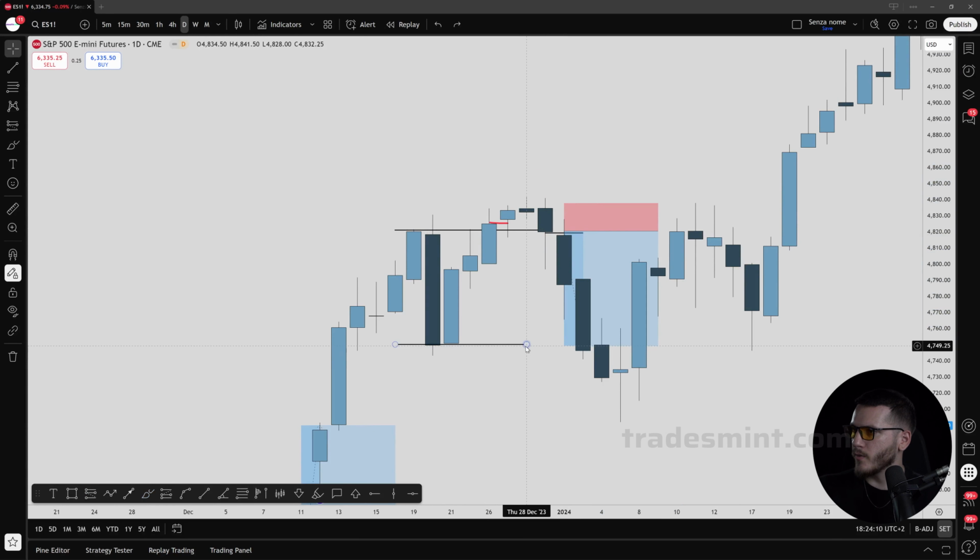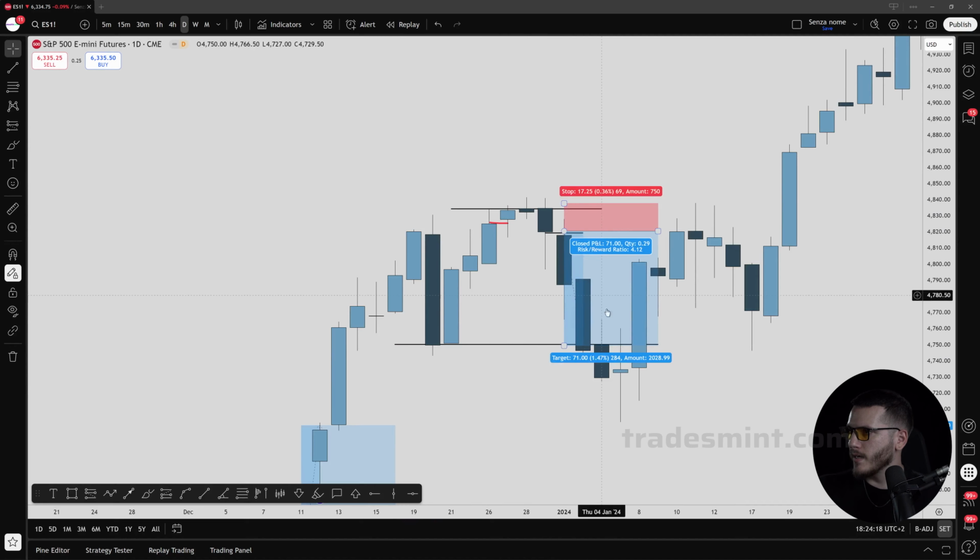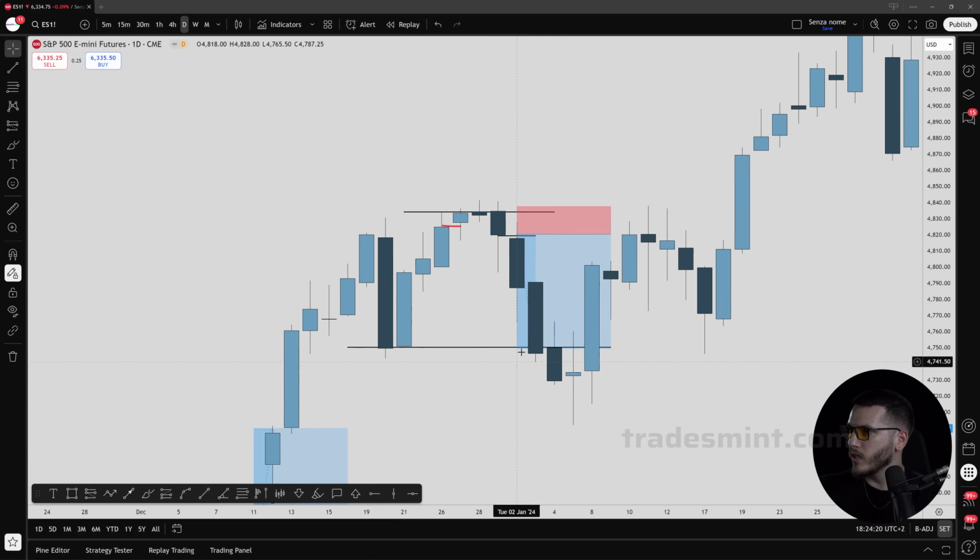We go to the other side of that range. This becomes the top of the range. And we go below here, we close below, and then we close back inside. So we close below and then we close back inside.